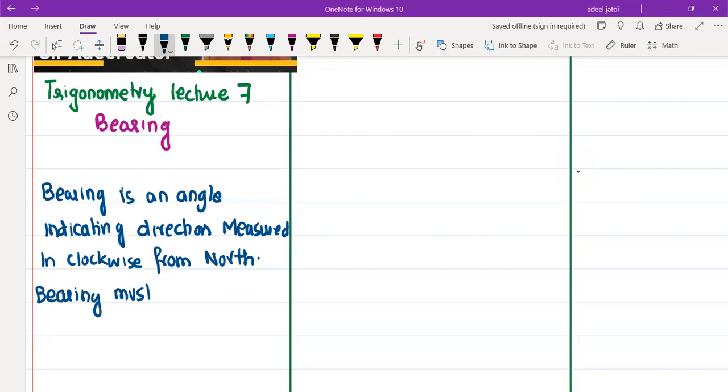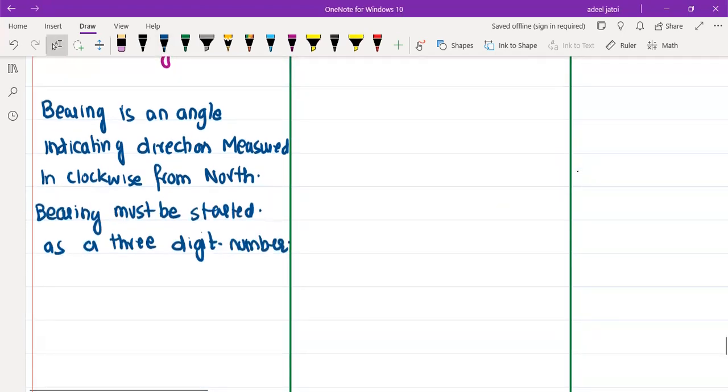Bearing must be written as a 3-digit number, which means your bearing will start from 000 degree to 360 degree.